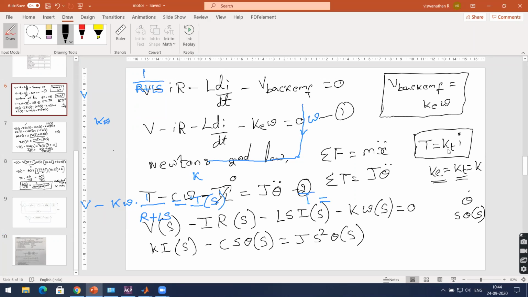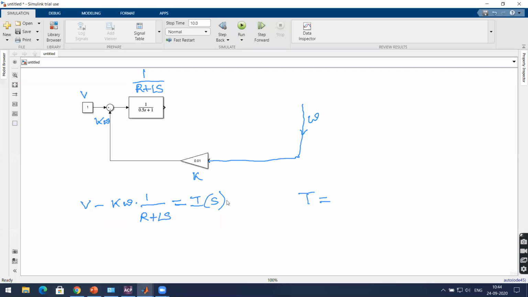So just K. T is equal to K into I. Okay. So what should I do to get torque? I should multiply with K, sir. With K. Okay. Multiply K with the current. Okay. So current is here. I'll multiply with K.